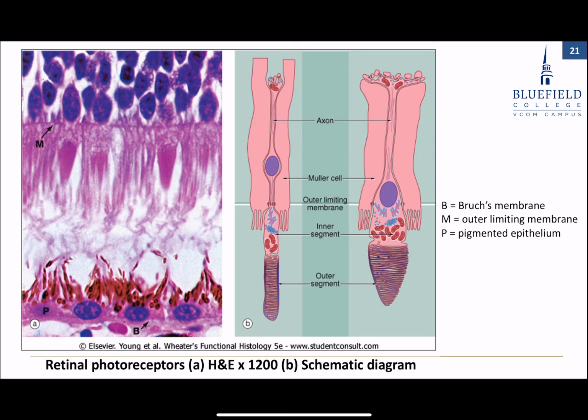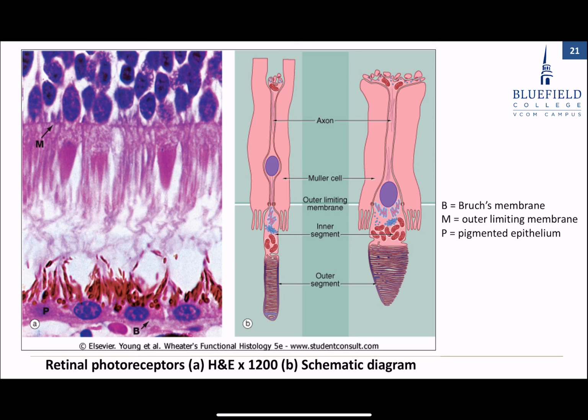Now the rods are a little bit different in terms of the pigments there. Rods have pigments that can detect very low levels of light, but you only see from them in black and white. Hey, think about it. If it's dusk or at night and you see your roommate across the parking lot, you might be able to tell your roommate's wearing a dark shirt, but you can't tell if it's that dark red or that dark blue shirt, right?